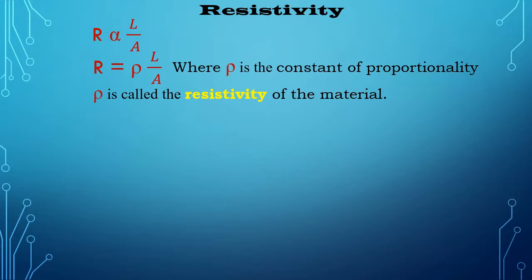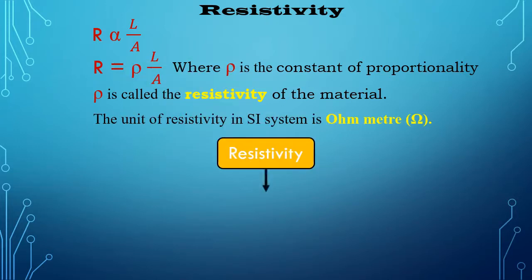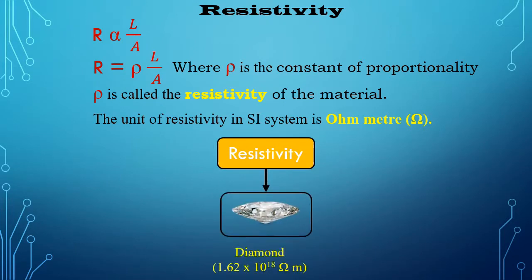Resistivity of diamond is 1.62 into 10 raised to 18 ohm meter, which is very high. Therefore, diamond does not conduct electricity.